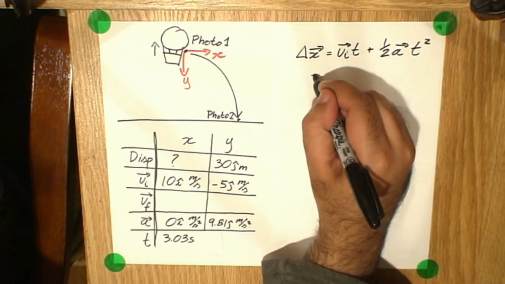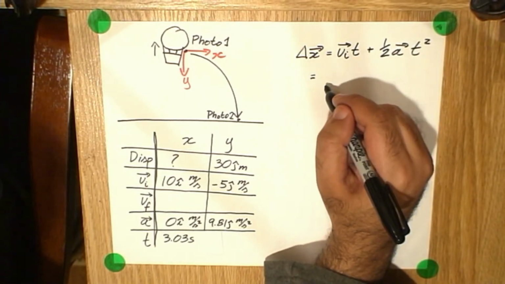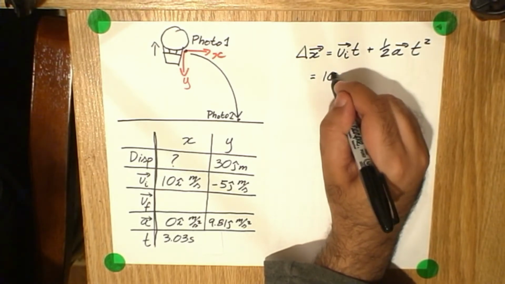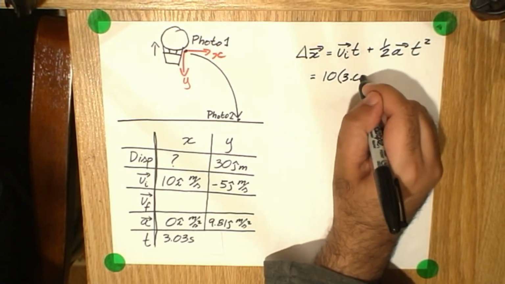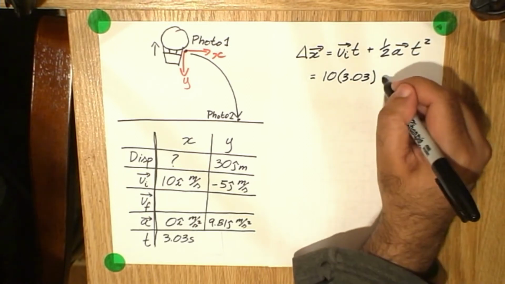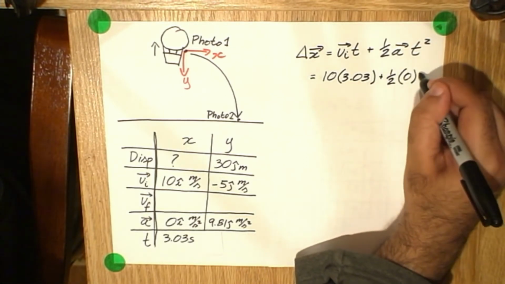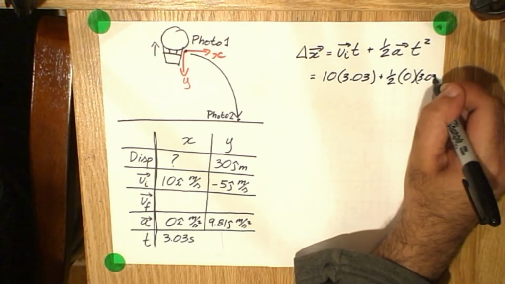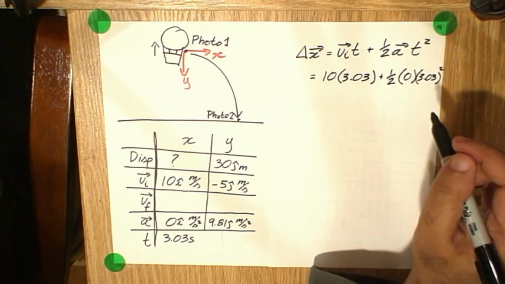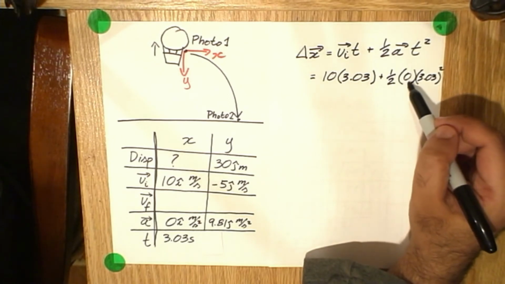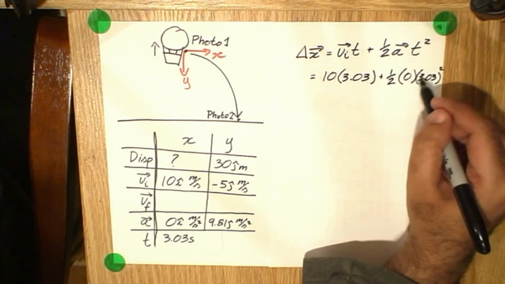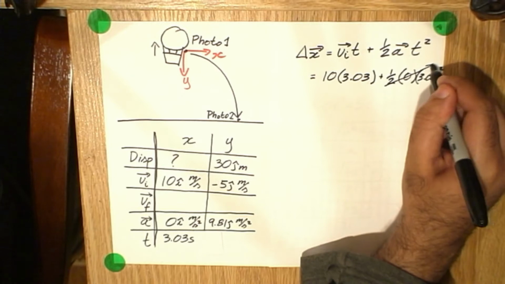So delta x is equal to v initial, which is 10, times 3.03 seconds, plus 1/2 acceleration, 0, and time is once again equal to 3.03 seconds, and this whole thing gets squared. But because you're multiplying by an acceleration of 0, this entire term is going to cancel out.